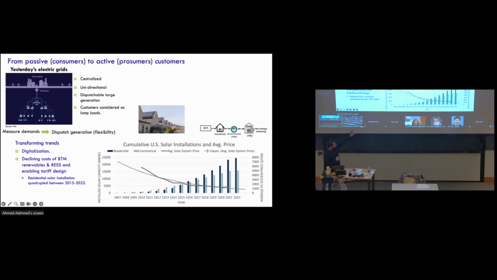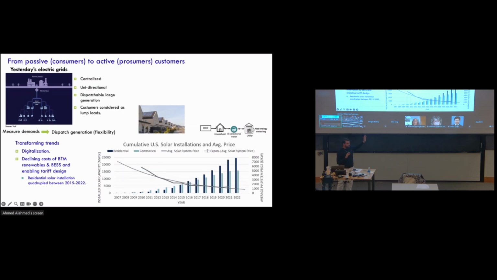If you can see this figure, this shows the cumulative solar installations in the US between 2007 and 2022. This is shown by the bar charts, and then you have a line plot that shows the average solar system price. You can directly see the correlation between declining solar prices and increasing levels of adoption of solar systems.